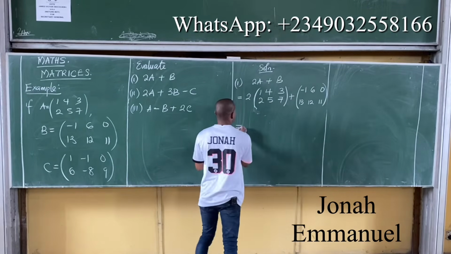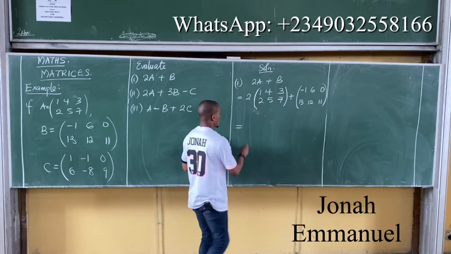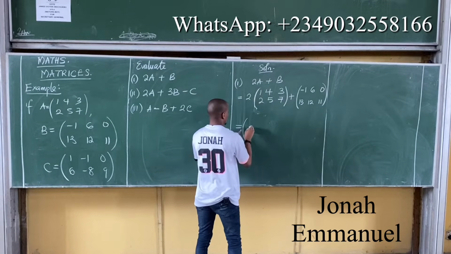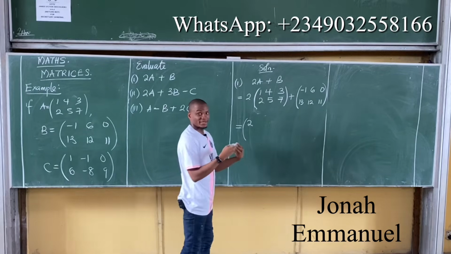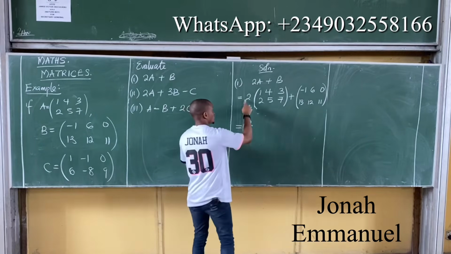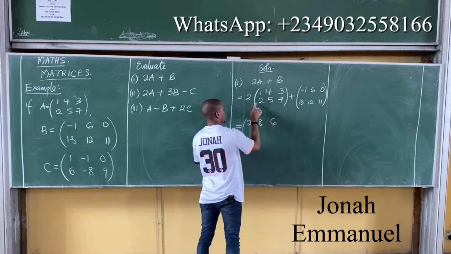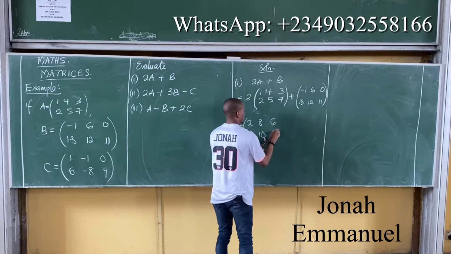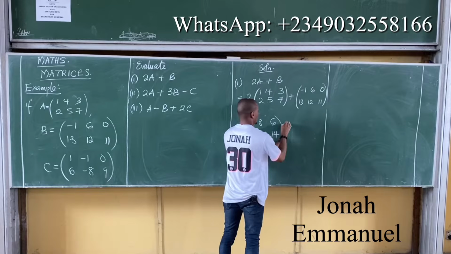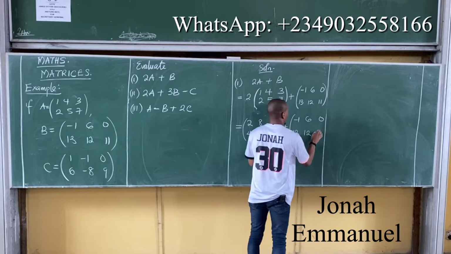Your first task will be to work with this one first. So I'll now have 1 times 2, 2. I'm not adding, I'm multiplying. 2 times 4, 8. 2 times 3, 6. 2 times 2, 4. 2 times 5, 10. 2 times 7, 14. This one here, plus minus 1, 6, 0, 13, 12, 11.